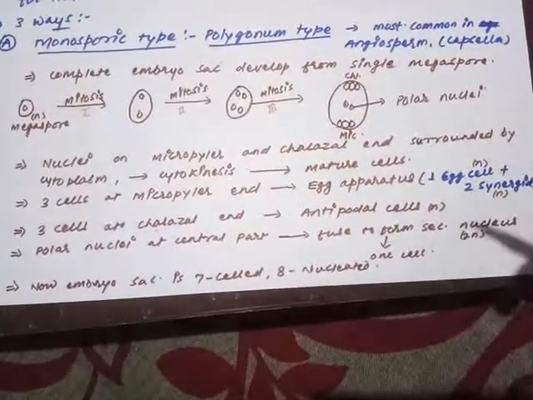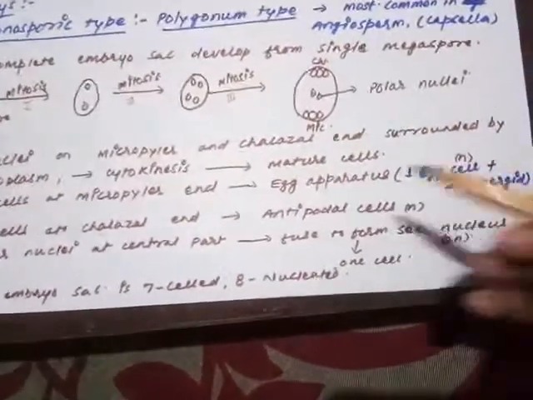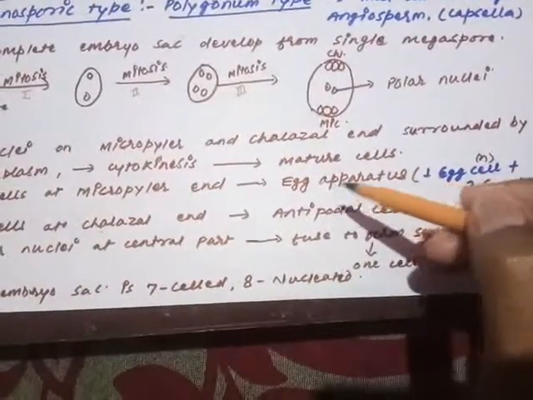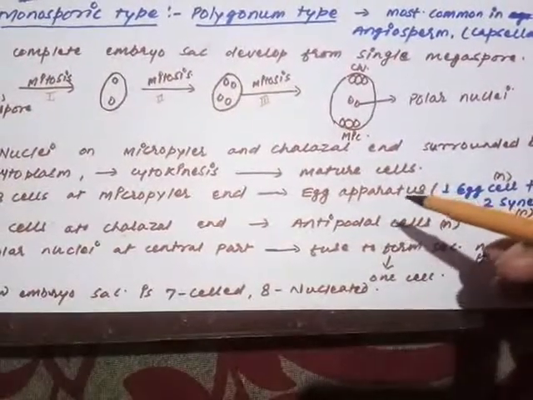Okay, so what is the fate of all these cells? Now just understand, the 3 cells arranged at the micropylar end are going to form the egg apparatus.